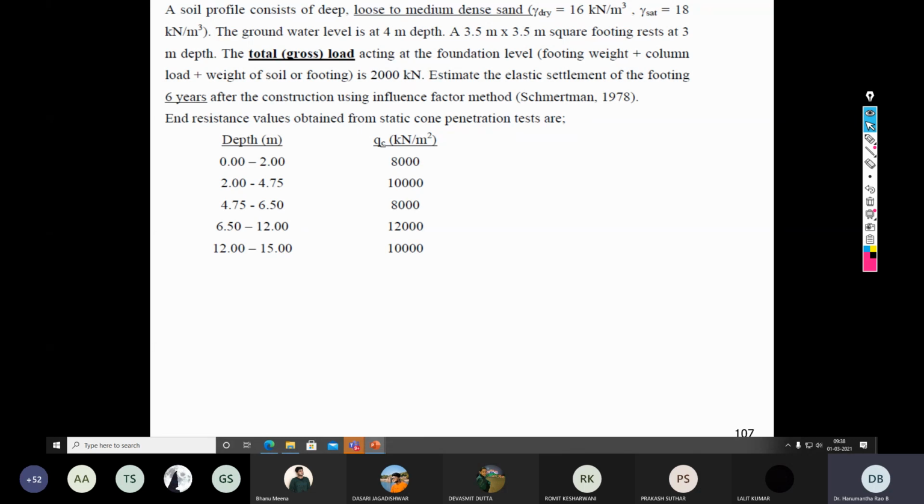So from the 1.5 meter, if you remove 0.3 meter, still a gap of 1.2 meter exists between the top of the footing and the ground level. This 1.2 meters is again filled with soil. So that is the meaning of footing weight and the soil weight.